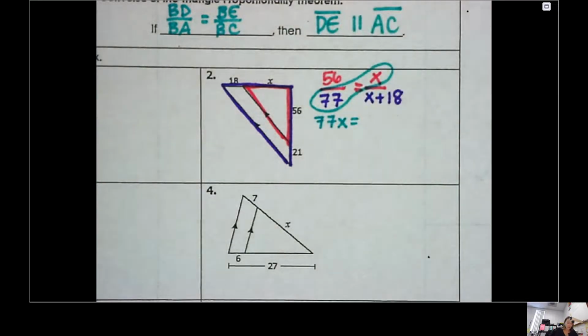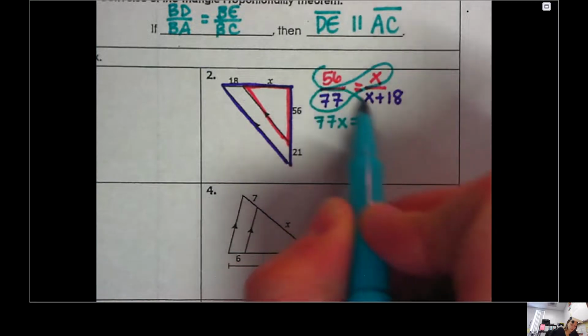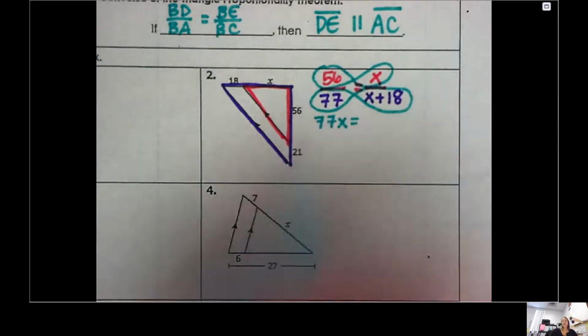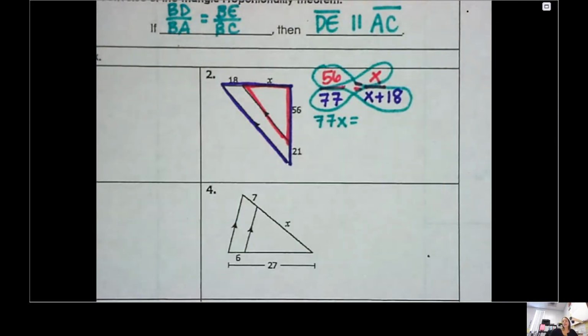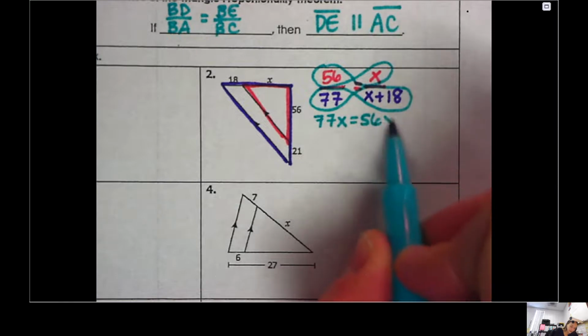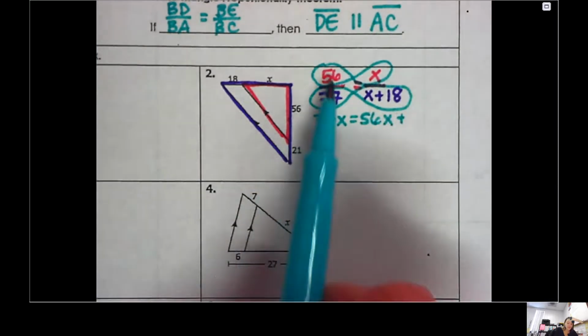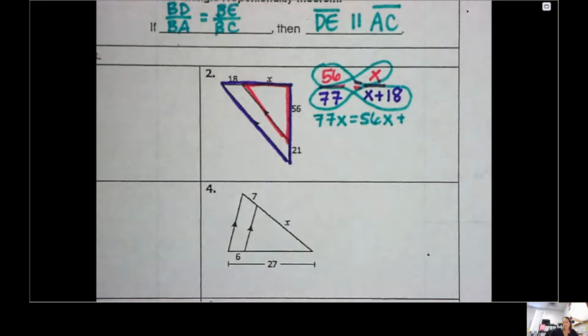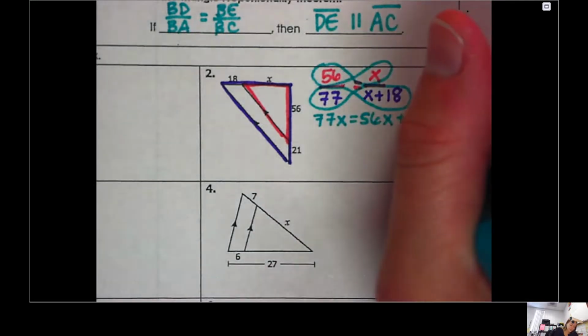Okay. 56 times X plus 18 means I have to take that 56 and distribute it to both the X and to the 18. So what's 56 times X? 56X. And what is 56 times 18? 1008. Good.